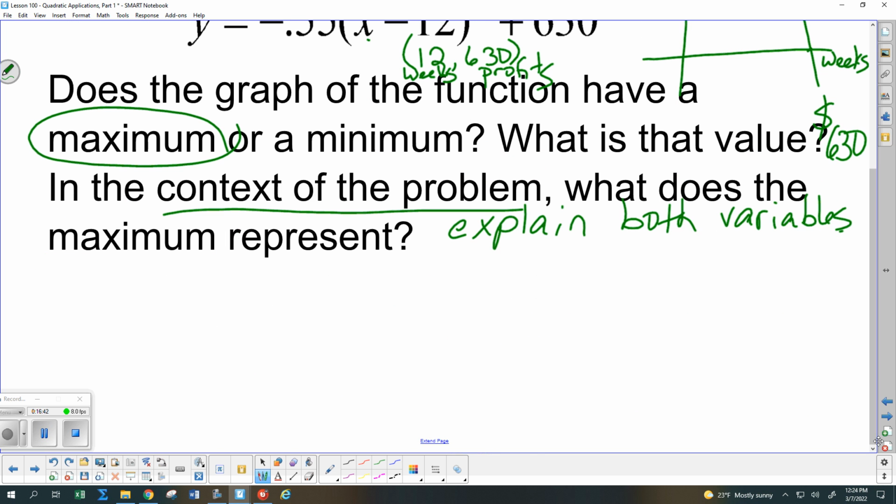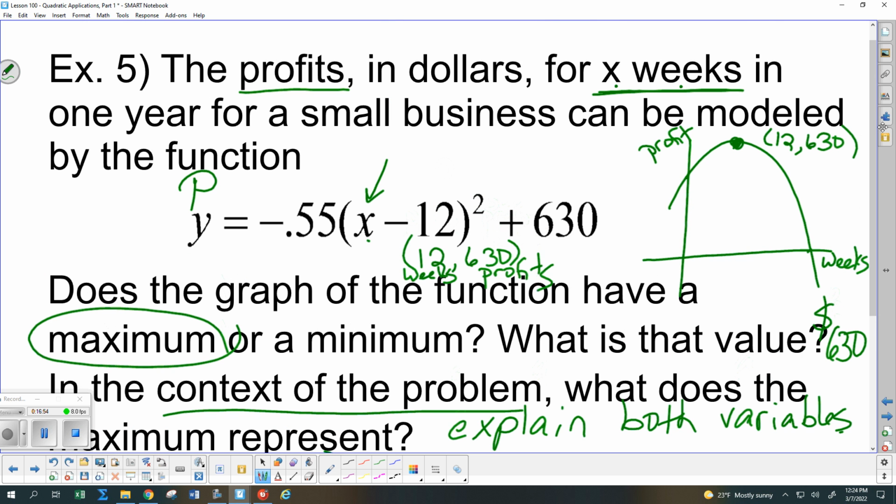So for any point on that, whatever the x coordinate is the number of weeks, and the y is the profit at that point in time. So if I knew this point right here, I'd say at this many weeks, here's the profit.